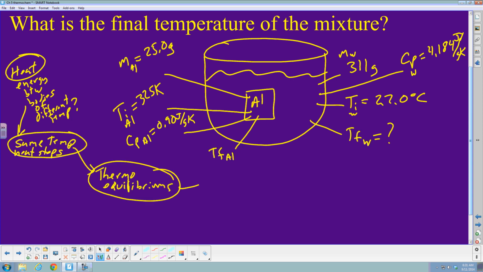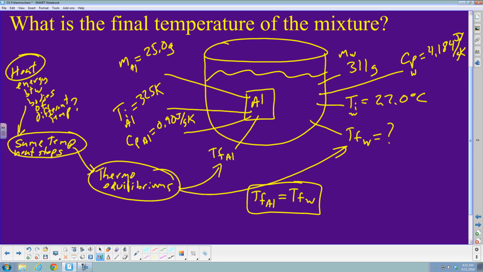So what's going to happen here is that the aluminum and the water are going to reach thermal equilibrium, meaning that T final aluminum will equal T final water. They will both come to the same temperature eventually. Got it? Okay, so if we know these things, we can work this problem.